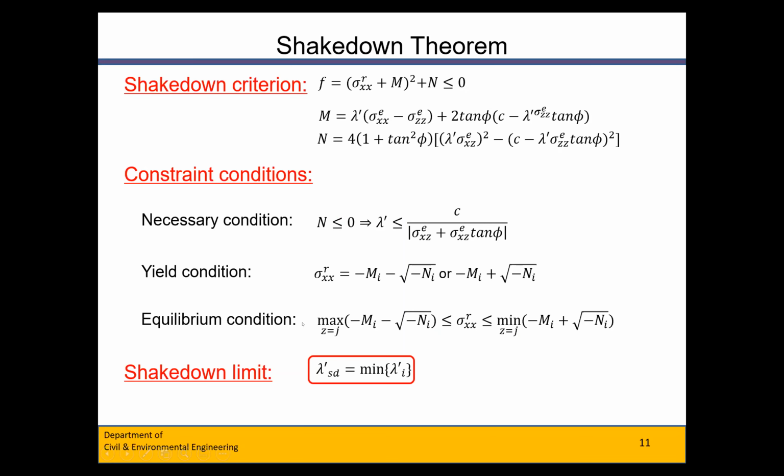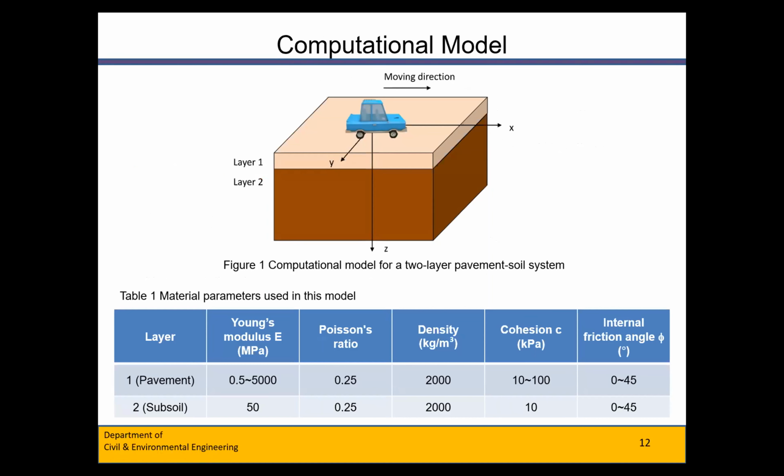Okay, now we just talked about how to obtain the stress and displacement fields in a layered pavement soil system, and we also know what shakedown is. So we will use a simplified computational model to obtain the shakedown limit based on the shakedown analysis. Here in figure 1, we can see it's a two-layer computational model.